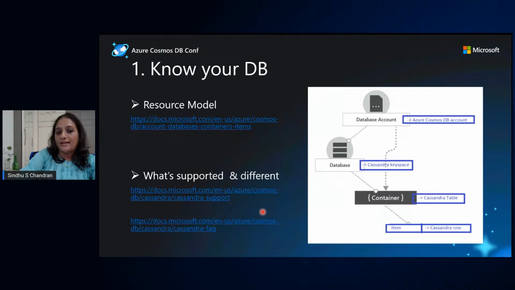So it is very important that we first review what is supported and different, so that we are not wasting time later deciding that what is not supported will not work, that we cannot live with it, or making sure that we know of the advantages that Cosmos DB provides. So these are the first two steps that I would start with, to know your Cassandra DB on Cosmos.